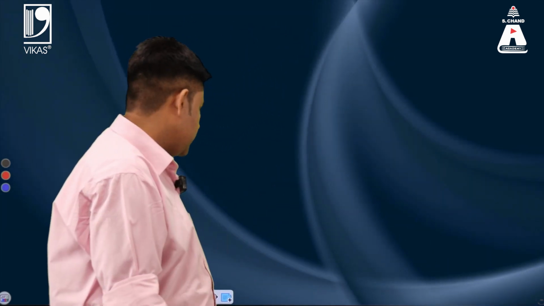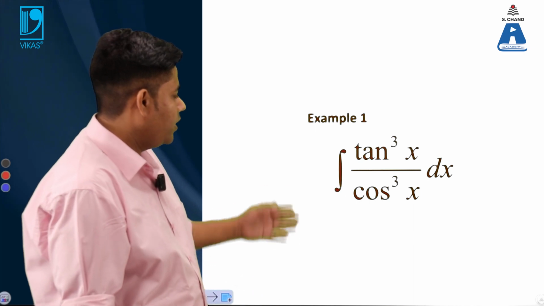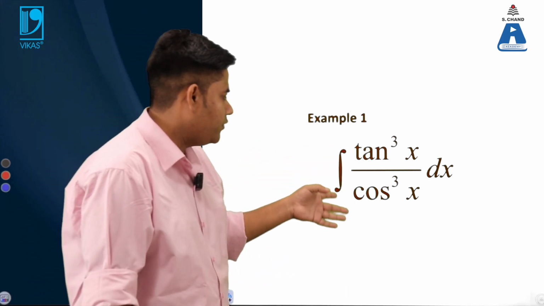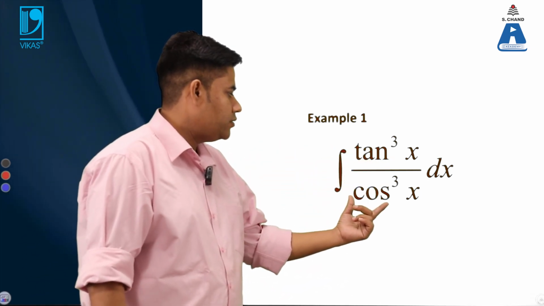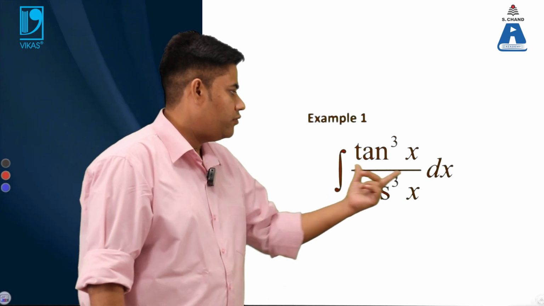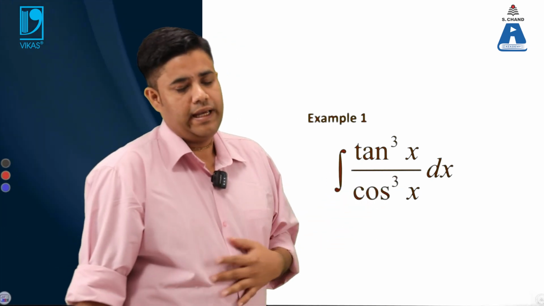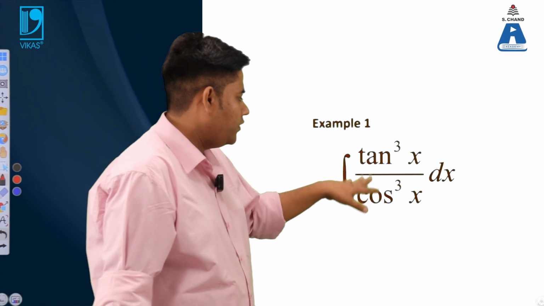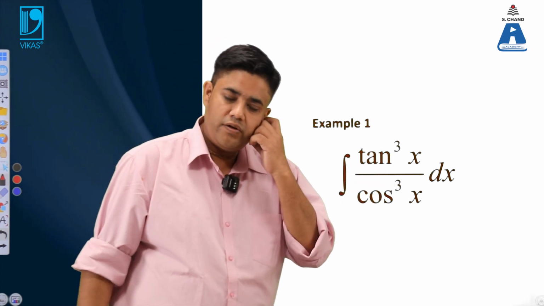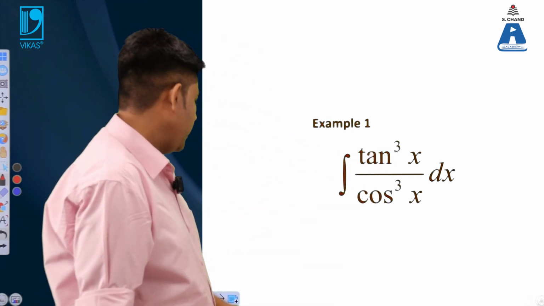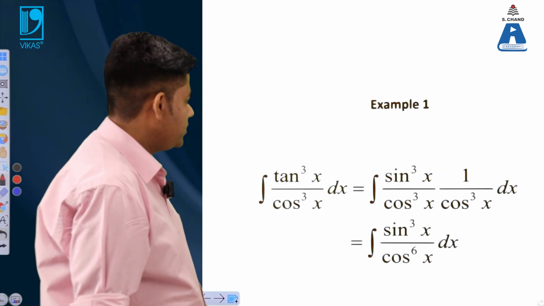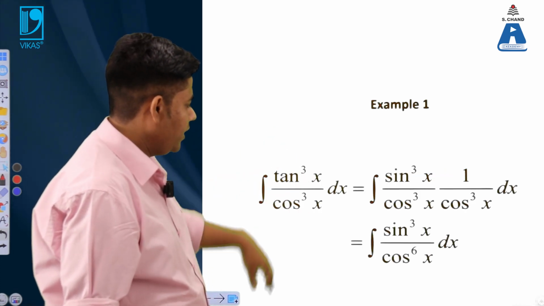So we have example number 1 here, which says that we have to integrate tan cube x over cos cube x with respect to x. We don't have any formula for this division, so what we will do is open it up. We'll open this tan in terms of sine and cos.